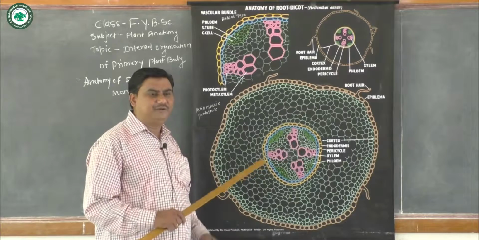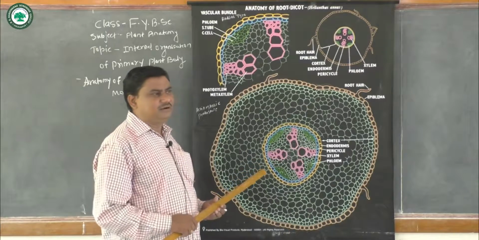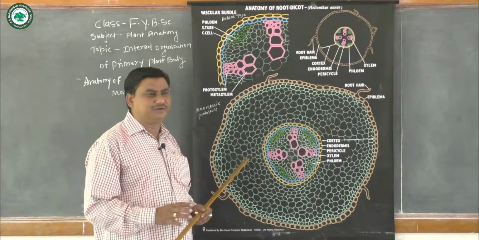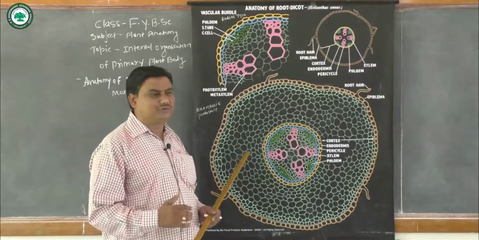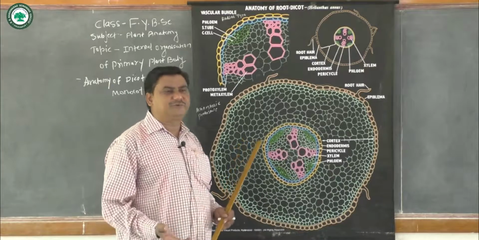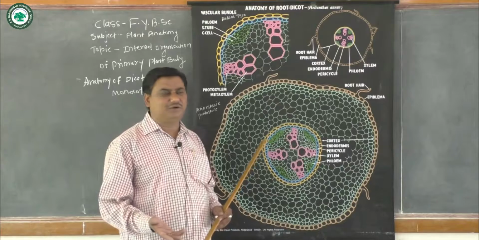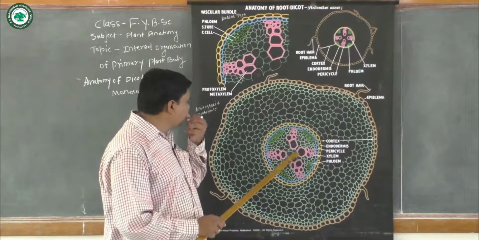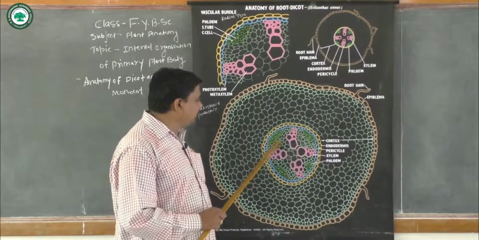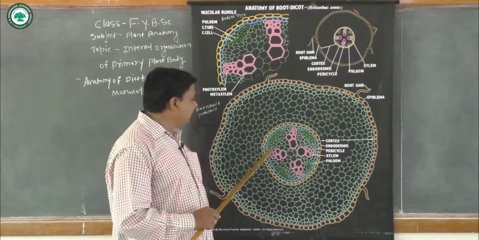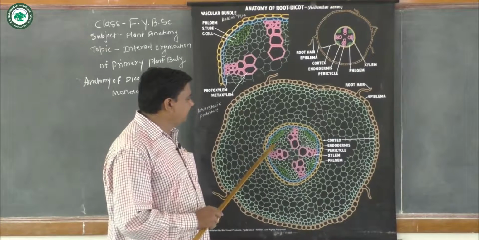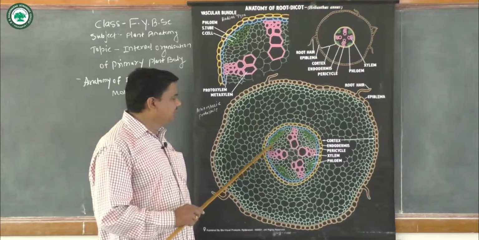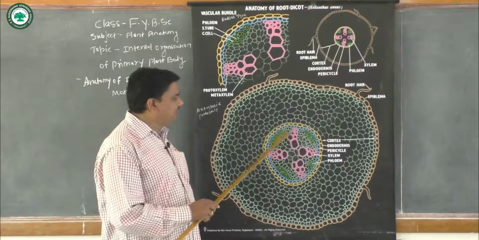Centrally there is the pith. But in the dicot root, pith is not well developed as compared to the monocot root. We can easily observe the pith in the monocot root, but in the dicot root, pith is not fully developed.